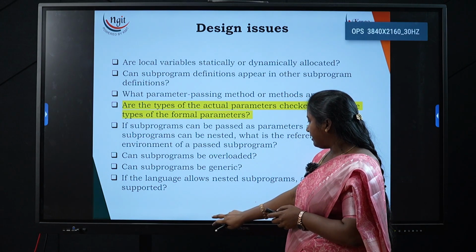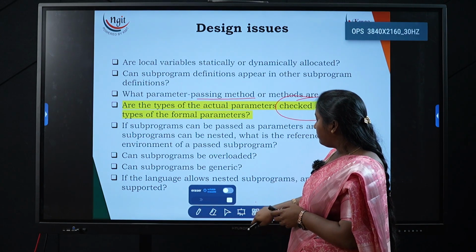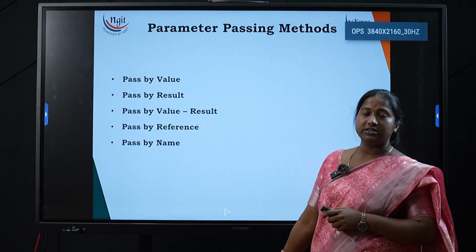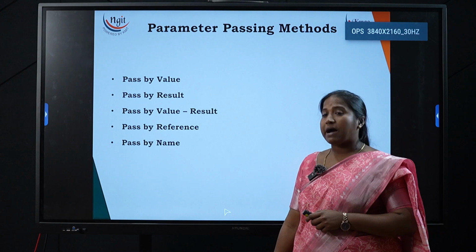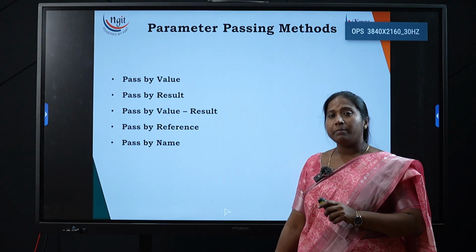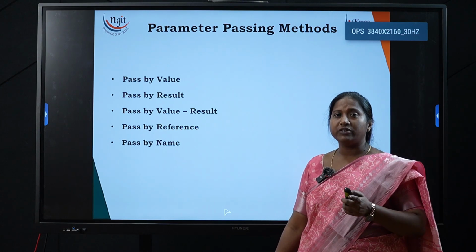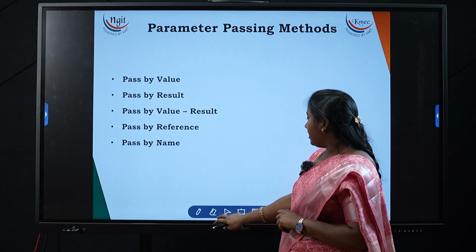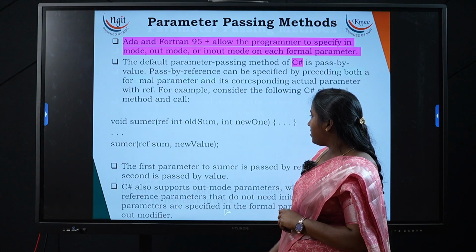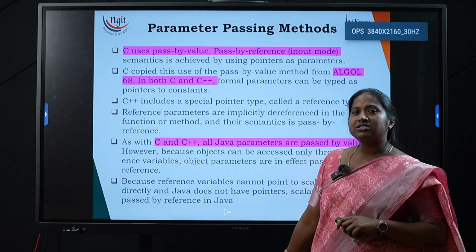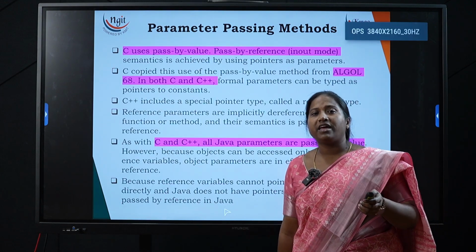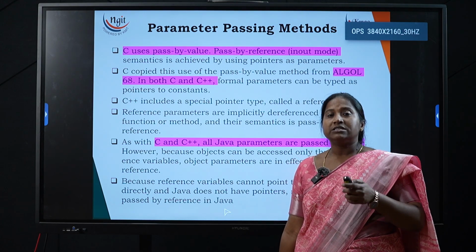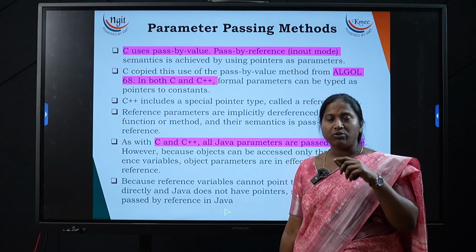Now let's get started. We discussed 5 different kinds of parameter passing methods in the last video, which are pass by value, pass by result, pass by value result, pass by reference and pass by name. Now basically we know about the C programming language, and C is not the first programming language which adopted parameter passing methods. C copied this feature from ALGOL 68.